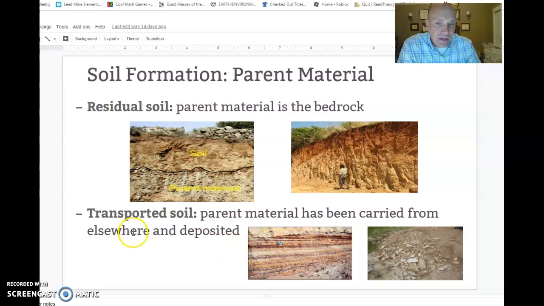Given enough time, it's possible that the ocean might not be there anymore, and you're going to have these layers of deposited rock fragments that came from rocks a very far distance away. So if you had soil that came from rock like this, that is transported soil, because the parent rock that this dirt came from is from somewhere else.